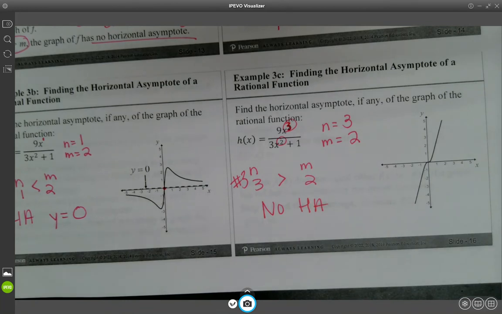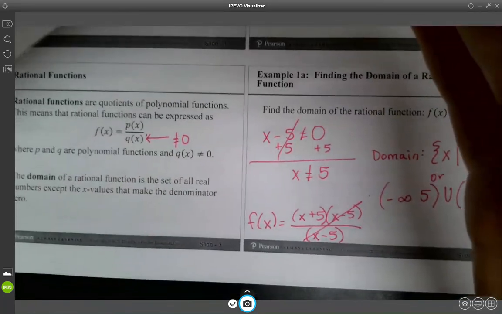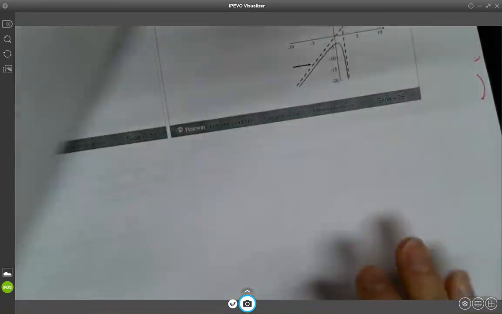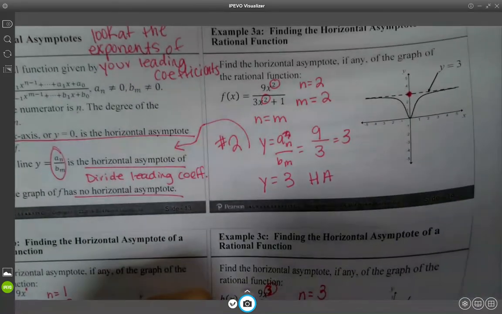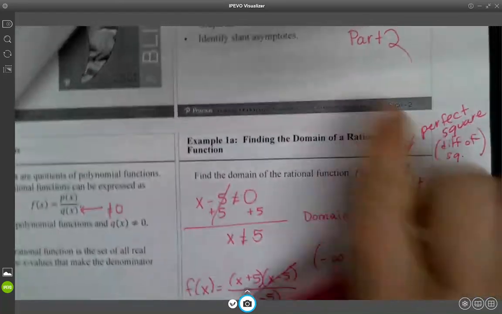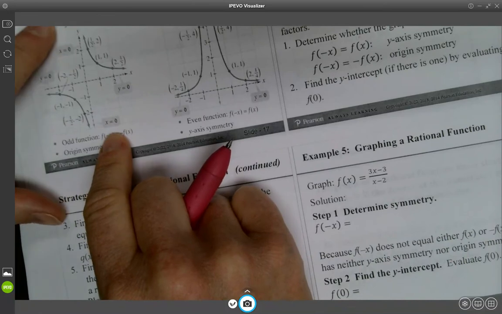Okay, let's go to the next page. Part 2 starts with graphing. Let's look at the basic reciprocal function.